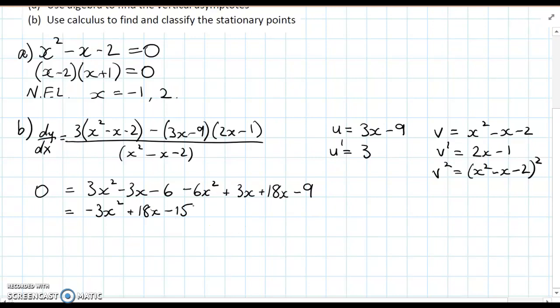All of those numbers divisible by 3 means we can take out a common factor. So we're looking for numbers that multiply to give 5, but add up to -6.